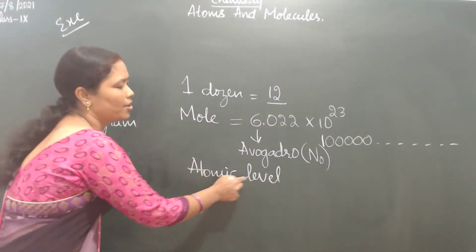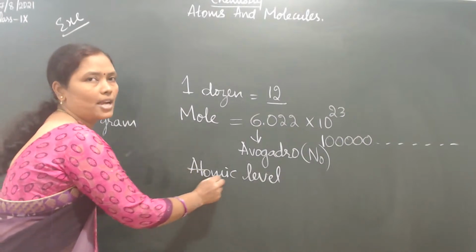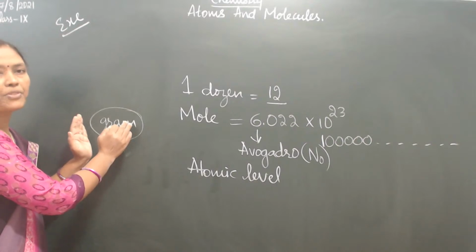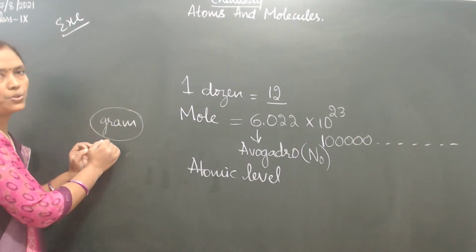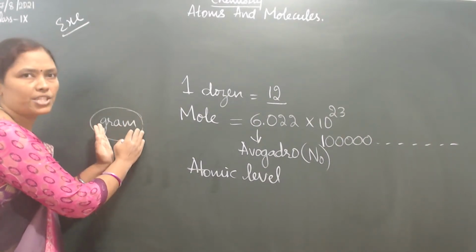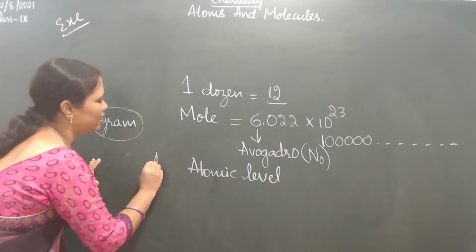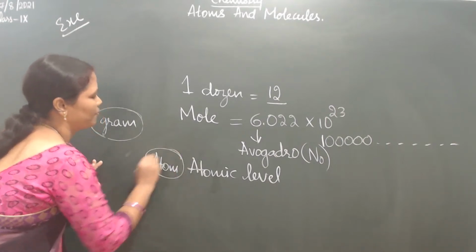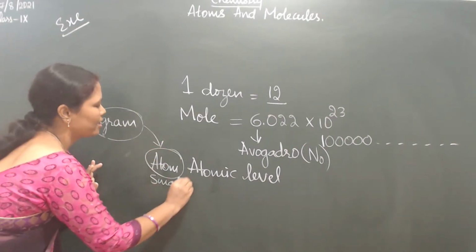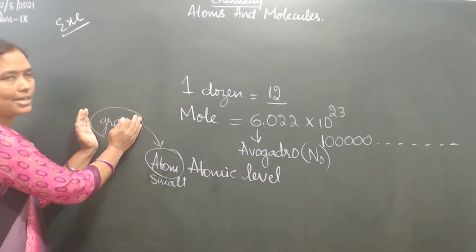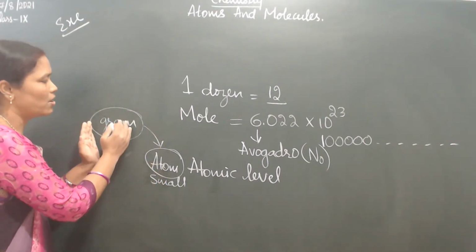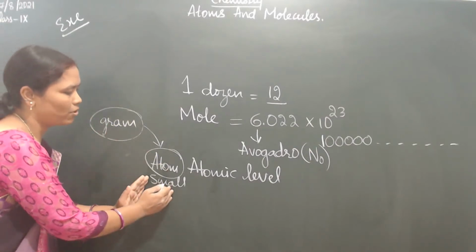Gram is the unit we use to measure the mass of objects, but this unit is not suitable for atoms or molecules because they are very small and the gram is very big. It is not convenient to use this unit for atoms.